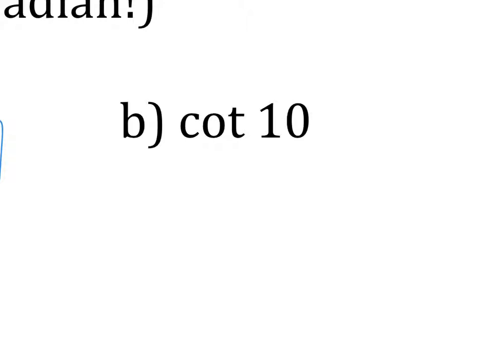Cotangent tan. Is this 10 radian or 10 degrees? 10 radian. Is there a cotangent button on your calculator? No. What should you do? Yes, you can do cosine 10 over sine 10, but that is not the fastest way. 1 over tangent is the fastest way.